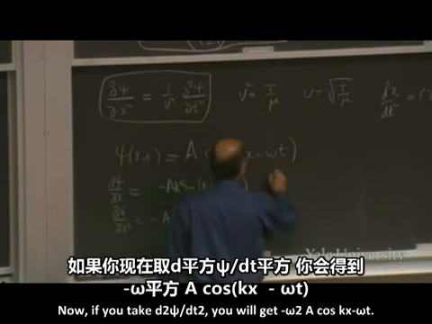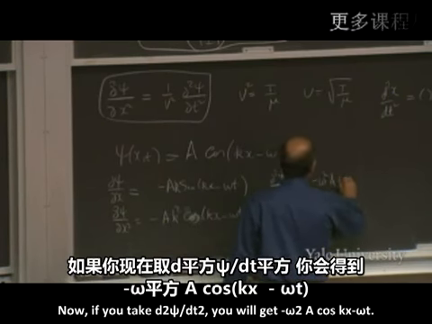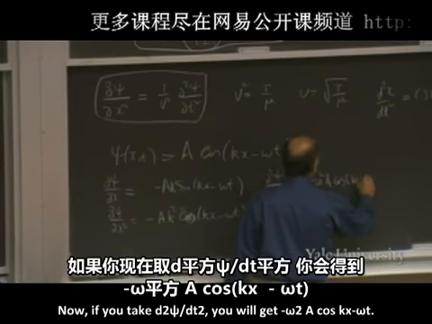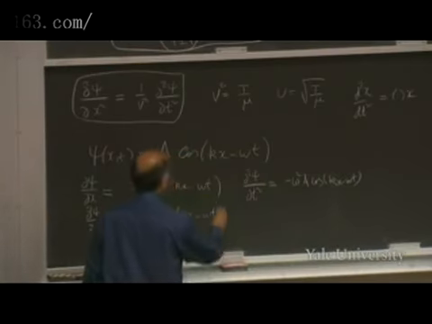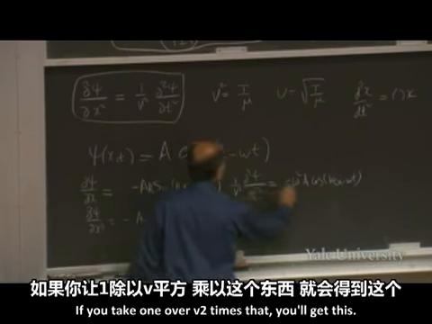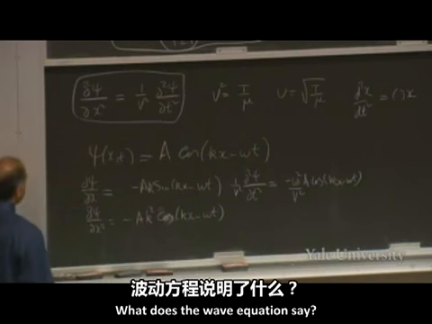Now, if you take d2 psi dt squared, you will get minus omega squared A cosine of kx minus omega t. If you take 1 over v squared times that, you will get this. What does the wave equation say?